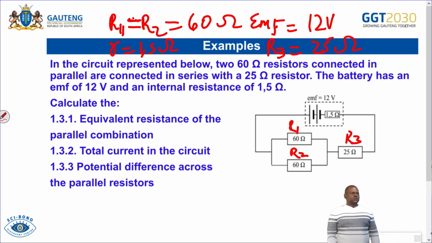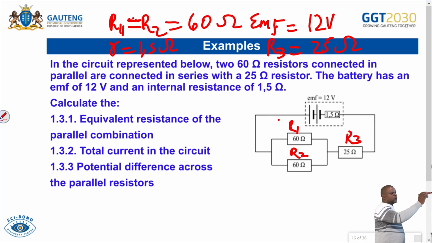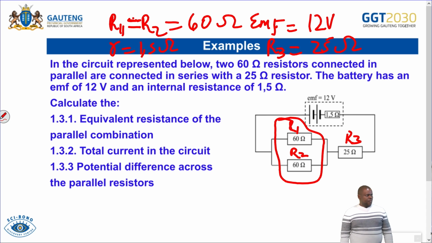Then we come to the questions. They said calculate the equivalent resistance of the parallel combination. They are talking about this one, grade 11s. We need to find the total resistance of R1 and R2.